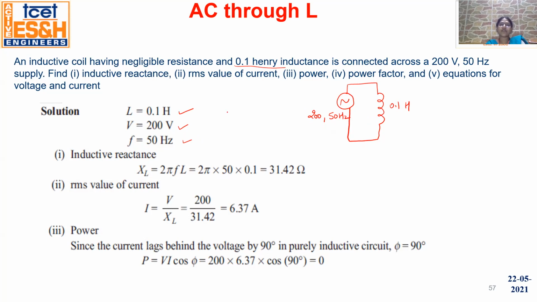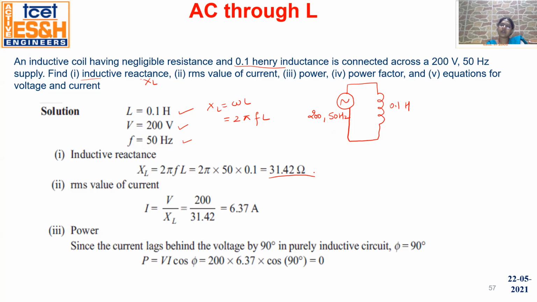First we have to find the inductive reactance, XL. XL is nothing but omega L, which is 2 pi FL. So 2 pi multiplied by frequency 50 into the value of L, 0.1.